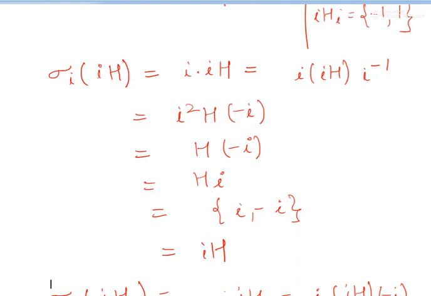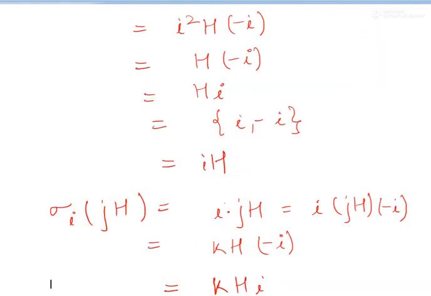It is I IH I inverse. I square is minus 1, and minus 1 H is H. H minus I will be HI, and HI is {I, -I}. This is IH. So sigma I of IH is equal to IH.